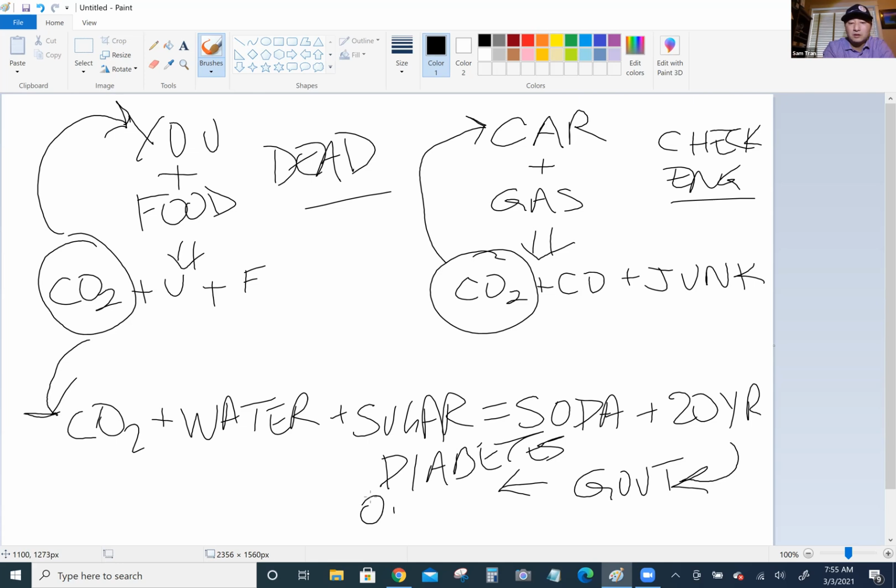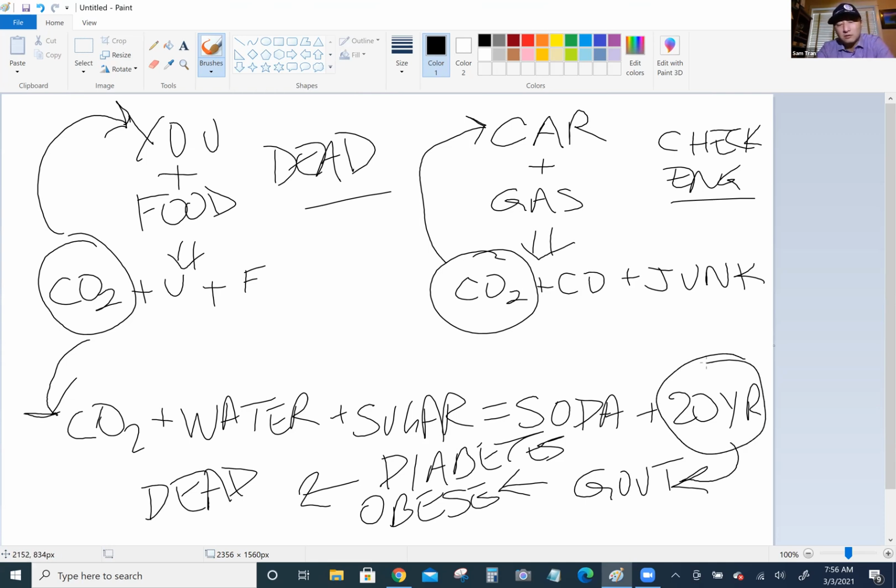Obese, right? And basically you go downhill and then you eventually end up dead faster, or at least with a lower quality of life for many years. So basically you get milked for 20 years or 40 years.